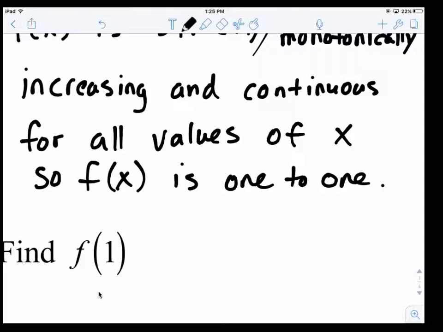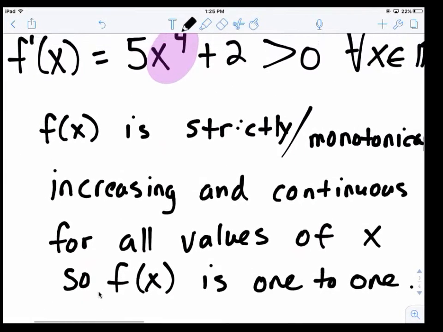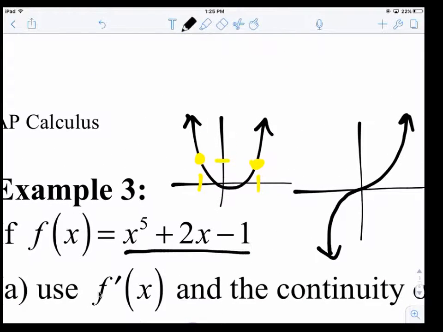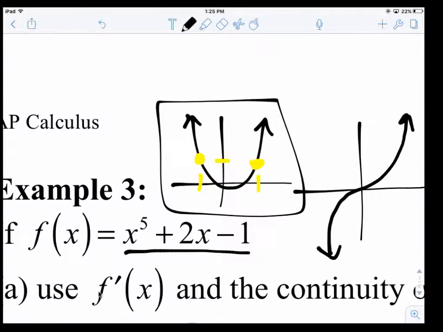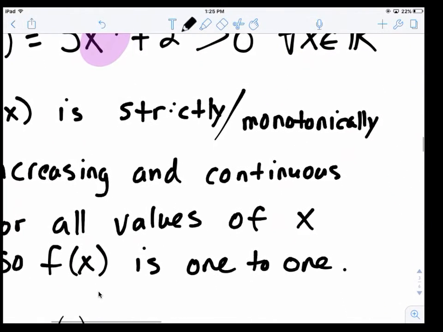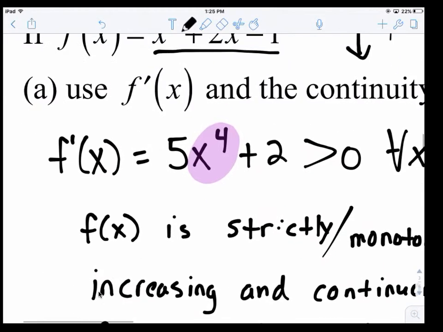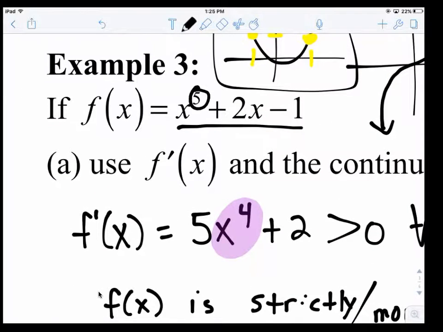If it's not 1 to 1, we can't find its inverse. Like this graph here is not 1 to 1, so I can't find an inverse. But because it's an odd power here, that means that it is going to be 1 to 1.